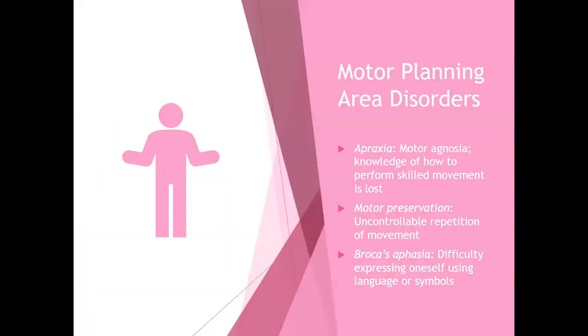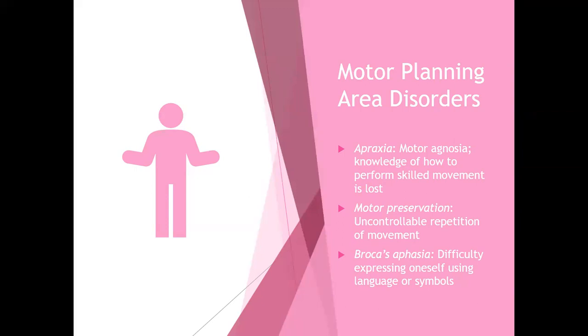So motor planning area disorders, apraxia, also known as motor agnosia. So remember the sensory agnosias, even though you get the information, you can discriminate between different sensations, you can't recognize what they are. So basically, with motor agnosia, you lose the ability to perform skilled movement.